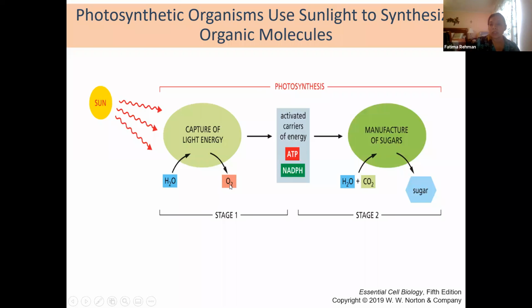So this is just looking at that process a little bit more in detail, and we'll talk about how these are just two flip sides of the coin later on as well. In the process of photosynthesis, in the first step, you are capturing the sunlight, the photons from the sun, to create and use that light energy.